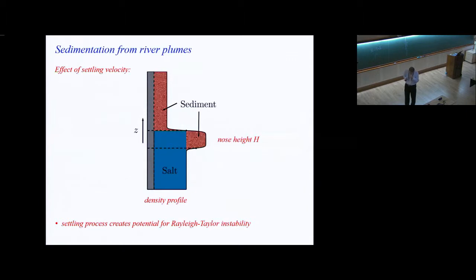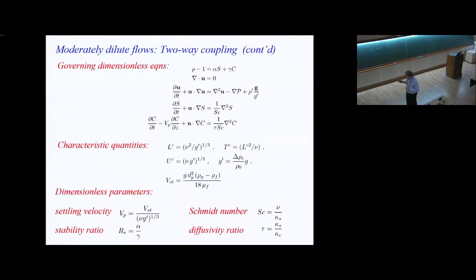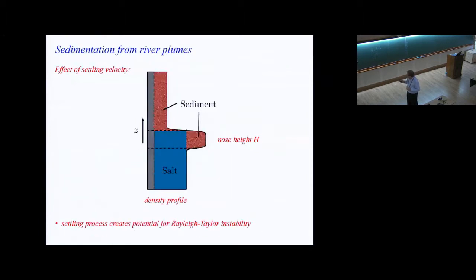So I had already mentioned that double diffusion is one of the mechanisms that can trigger an instability in this interfacial region. There's a second mechanism that can trigger such an instability, and that's related to the effect of the settling velocity.